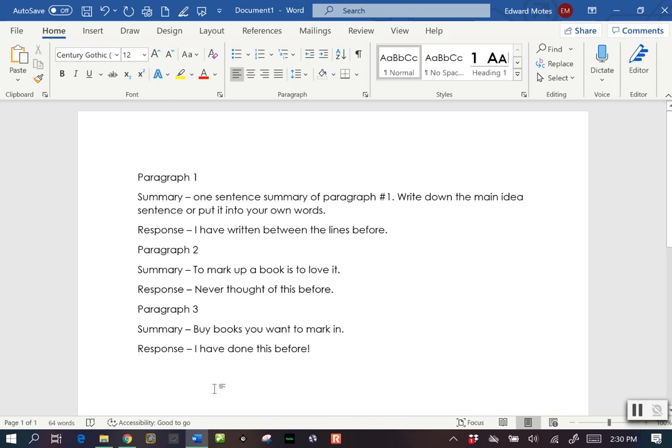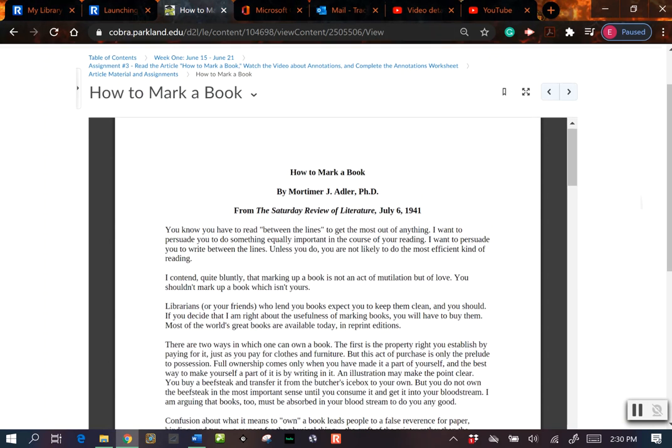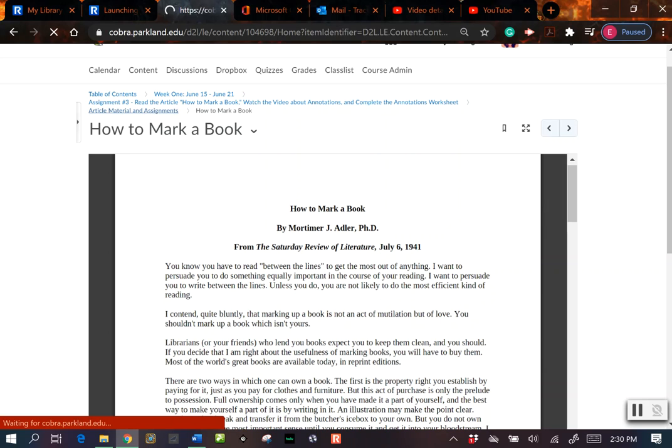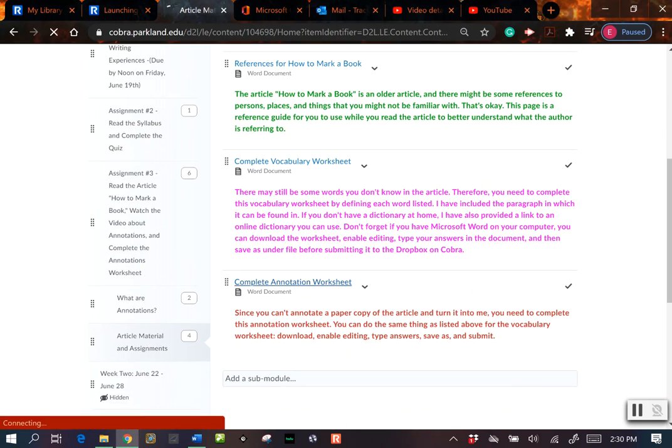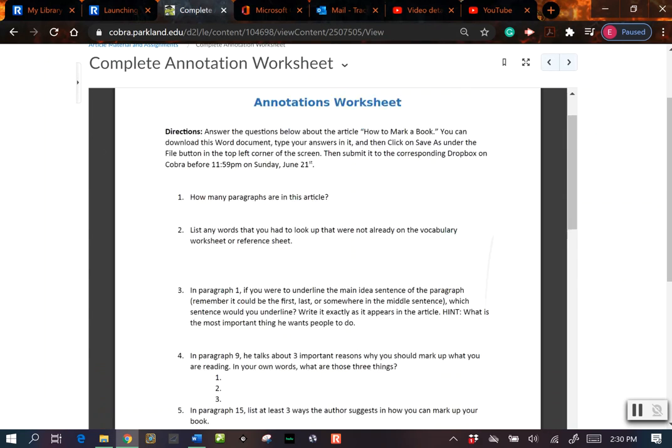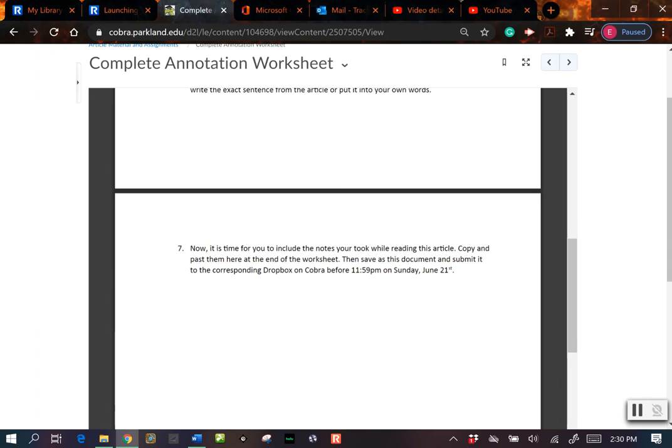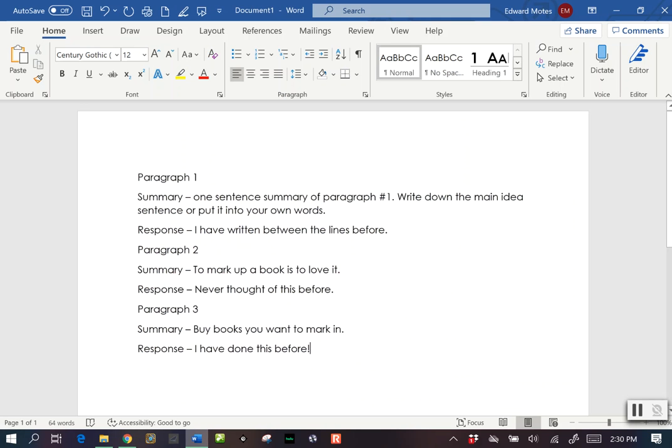Okay, so these notes that you come up with here, that is what you will turn in at the end of your annotation worksheet. If you wanted to just copy and paste into that last page, you could. So for number 7, when it says now it is time for you to include the notes you took while reading this article, these are the notes that I'm referring to.